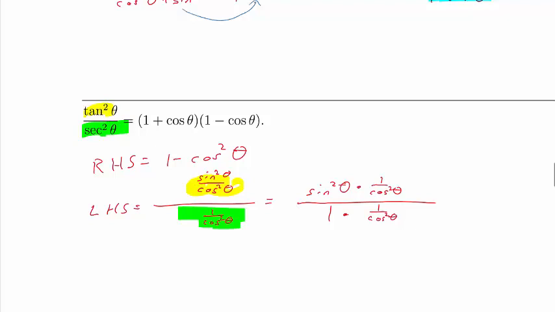So you can clearly see these cancel out. All we're left with is sine squared. That doesn't quite look like what we have up here on the right-hand side, but we simply apply the Pythagorean identity. 1 minus cosine squared is the same thing as sine squared theta, which is what we have here, and so the left-hand side is equal to the right-hand side. So you can kind of see how we worked both sides towards the middle.